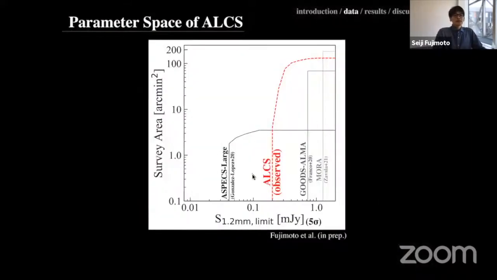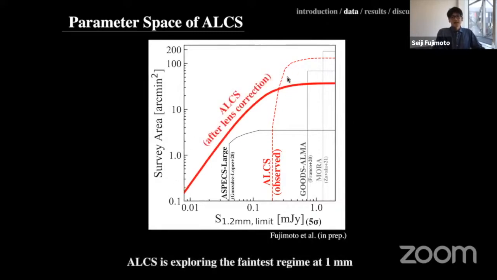So here we compare the area and sensitivity of the ALMA large surveys so far performed. After the lens correction, the parameter space in our ALMA survey is like this. So the ALMA Lensing Cluster Survey explores the faintest regime, both in depth and area, which provides us with unique objects that couldn't be identified in previous surveys.